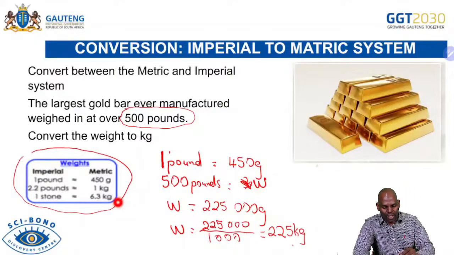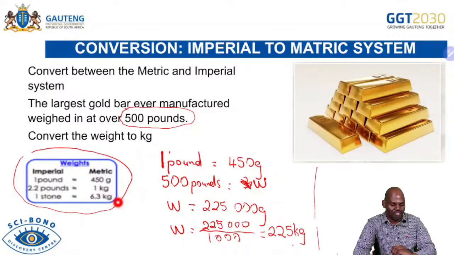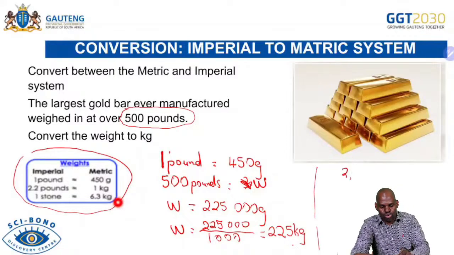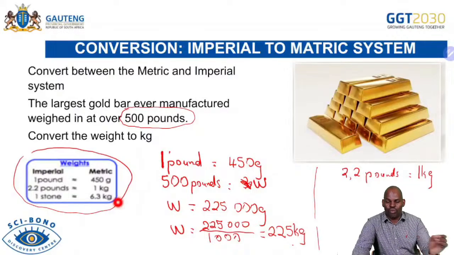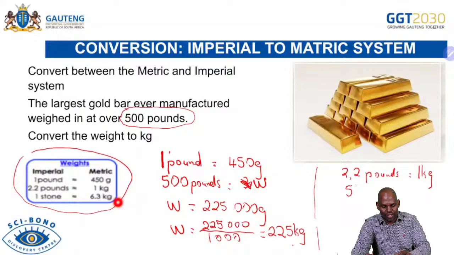Or the other way, if we use the other conversion factor where we say 2.2 pounds equals 1 kilogram, then we need to cross multiply. We've got 500 pounds, and then we don't know what that is in kilograms.